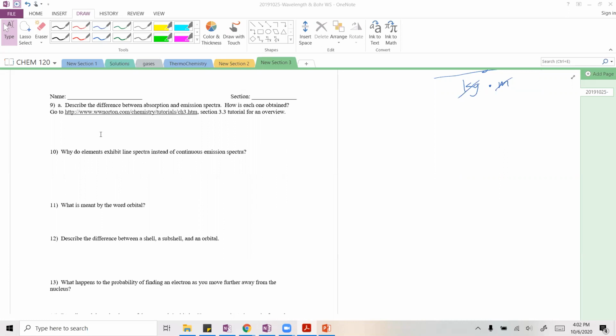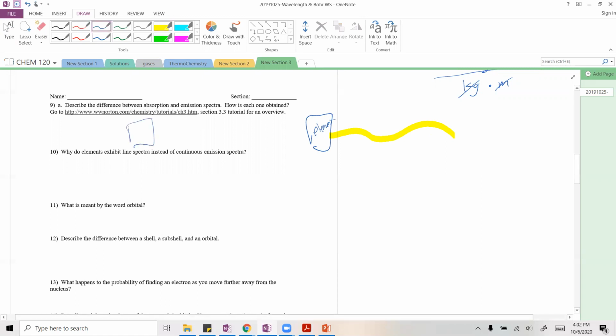So absorption spectra are obtained when the elements absorb the energy from a source. So that means that if this was our element over here, the light is being shined on that. And we're looking for that spectra of what they've absorbed. The emission spectra, on the other hand, is different.